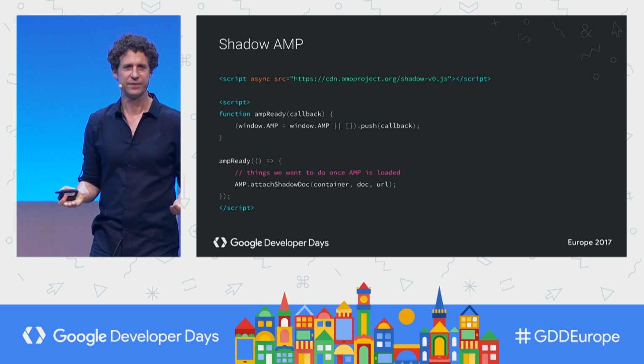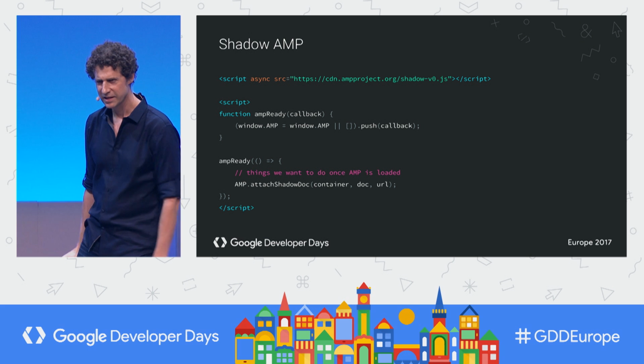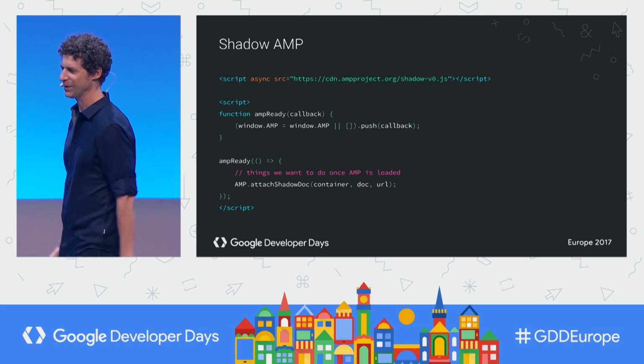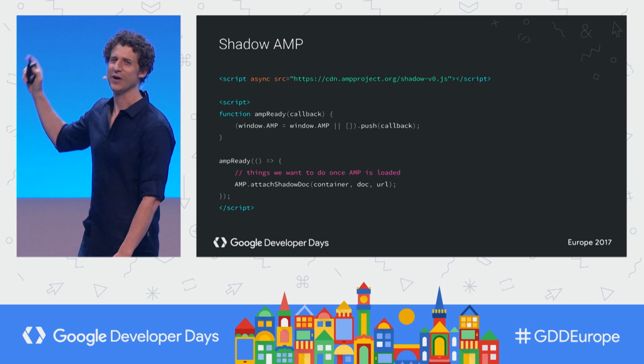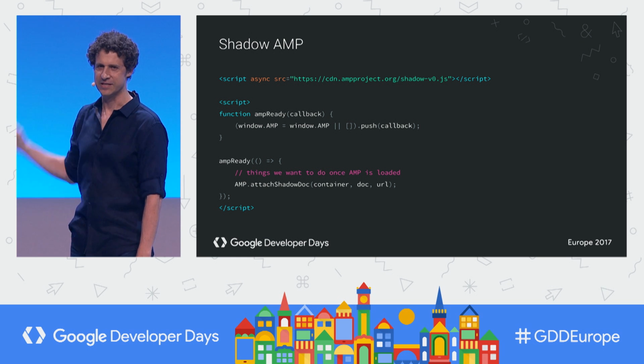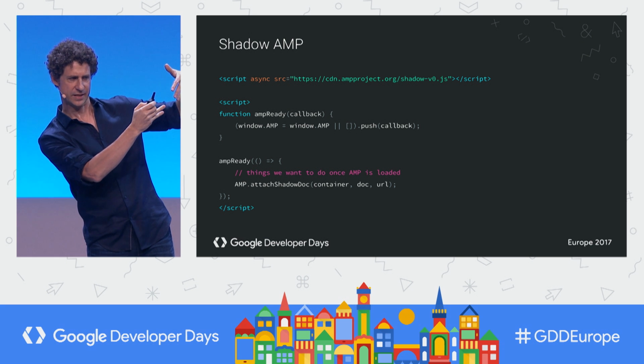When AMP actually loads up, it then finds these callbacks, and then it runs everything. It may sound complicated, but it actually isn't that complicated. I'll say it again more simply with fewer words. You load the Shadow AMP asynchronously. Once it's loaded, you can then use the attach Shadow doc method to actually attach your AMP document somewhere inside an existing page.